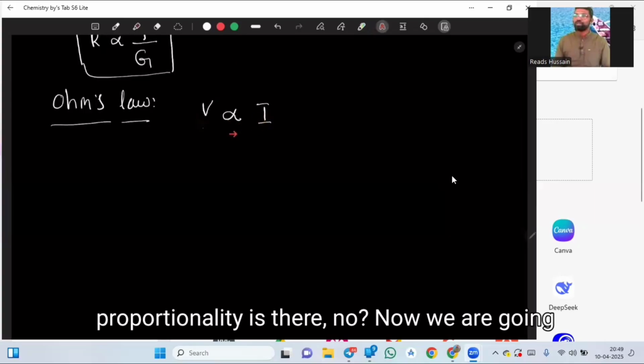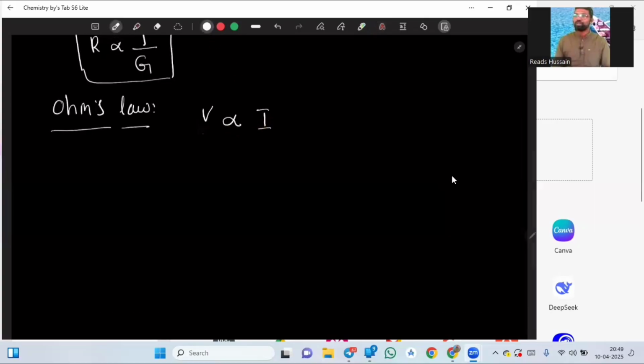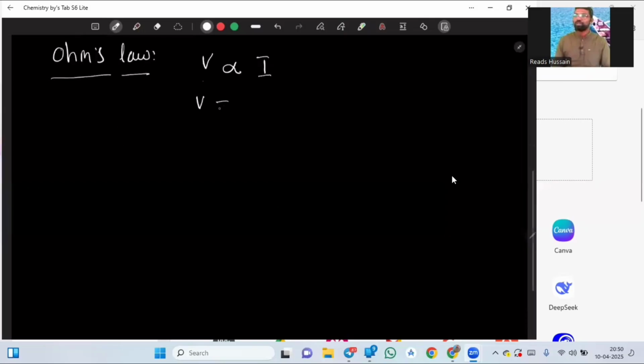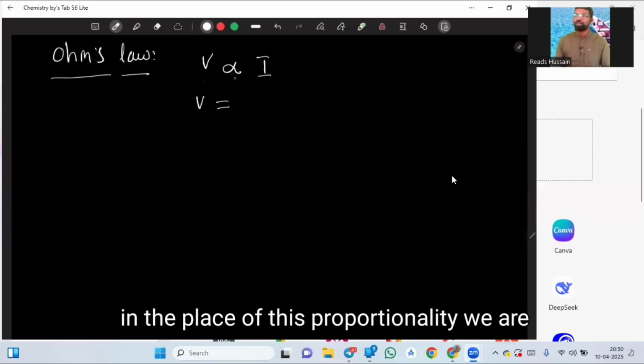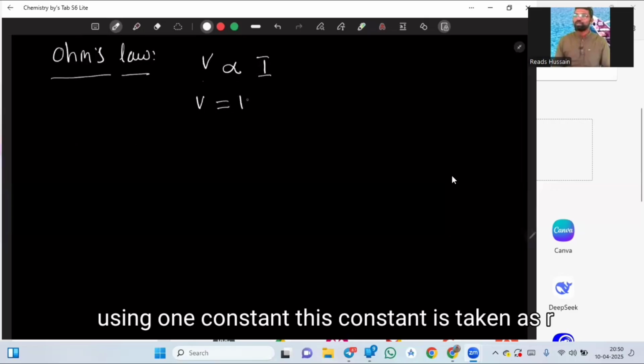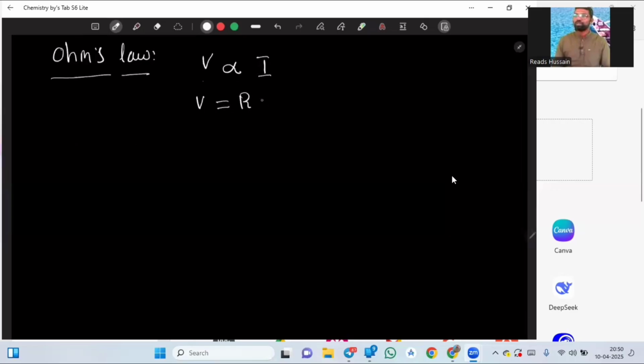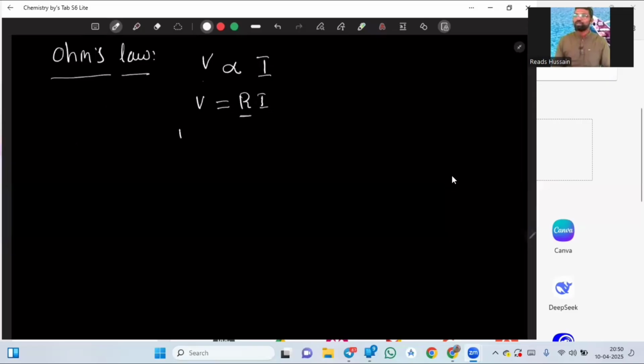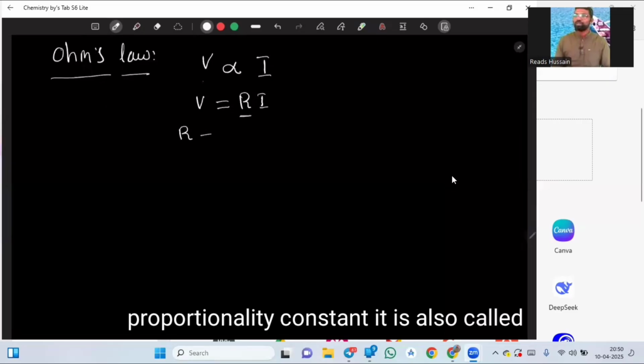Now here proportionality is there, no? Now we are going to remove that proportionality. V is equal to, in the place of this proportionality, we are using one constant. This constant is taken as R, so V = IR. What is R here? R is called a proportionality constant.